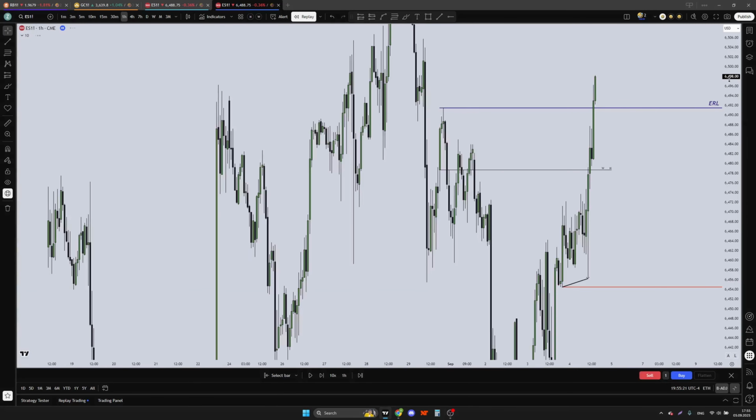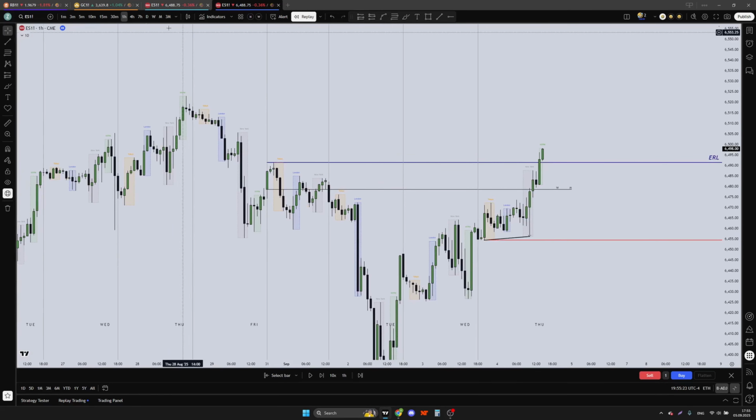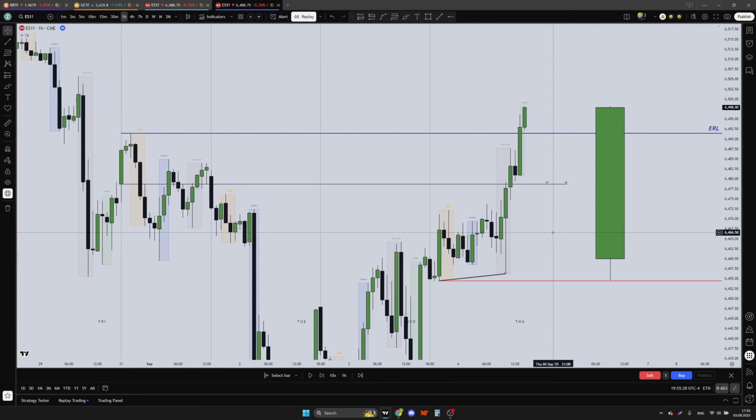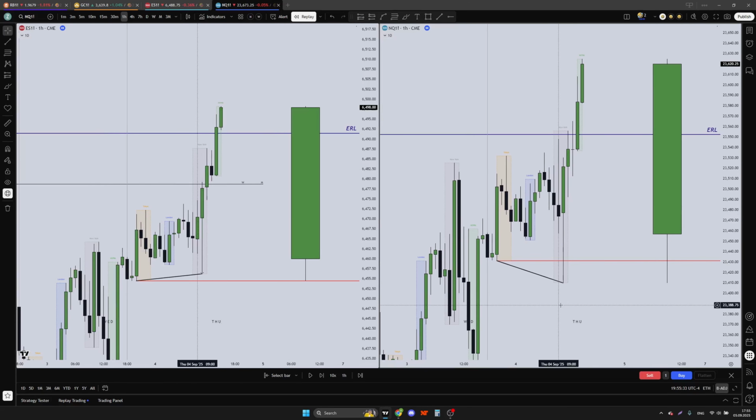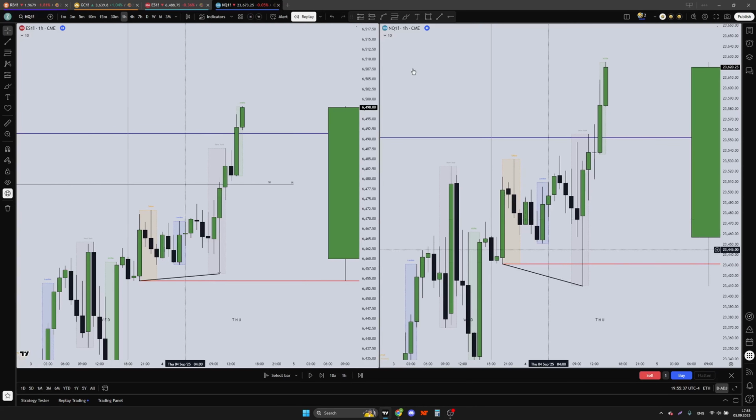So just to rewind, it's really important for me to understand if the daily wick has been formed, right? So it was formed during New York AM session at 10 a.m., right? So I'm shading the swing formation.